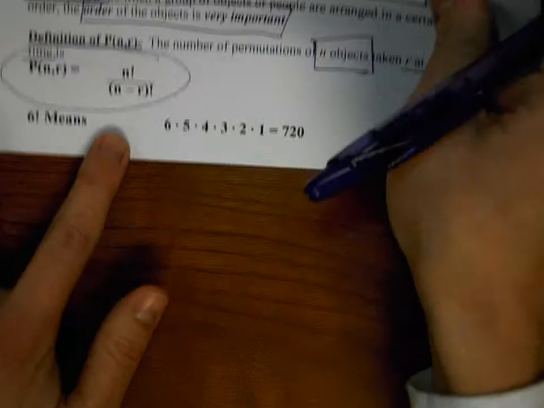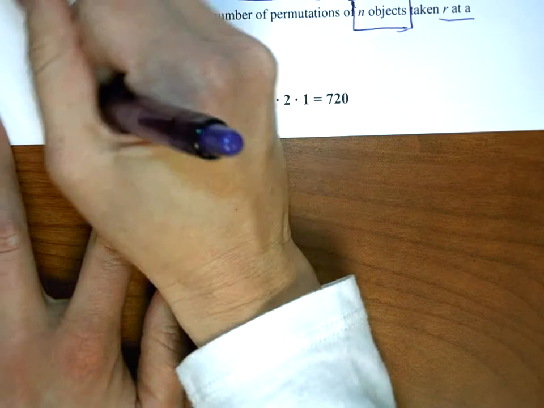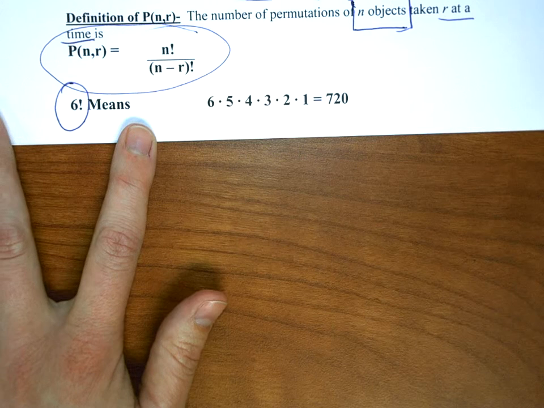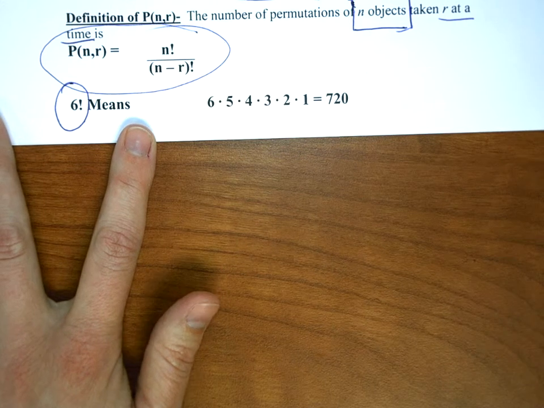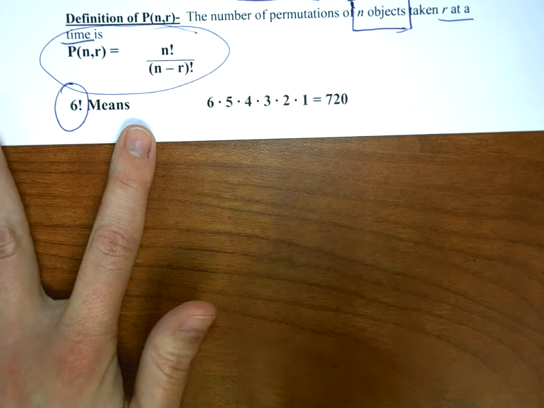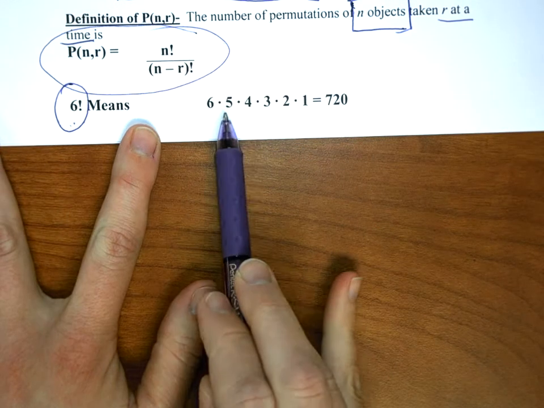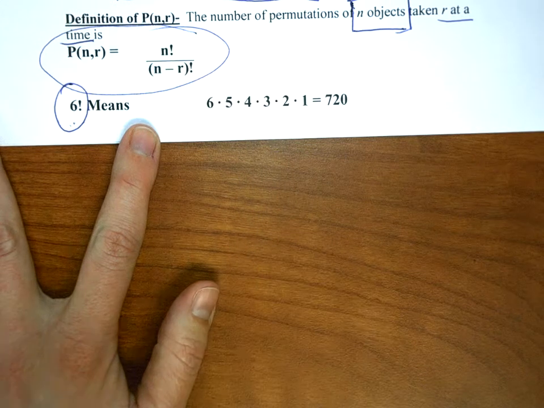Something else you need to know is that this right here means 6 factorial. 6 factorial means you take whatever number they have there and it goes 6 times 5 times 4 times 3 times 2 times 1.